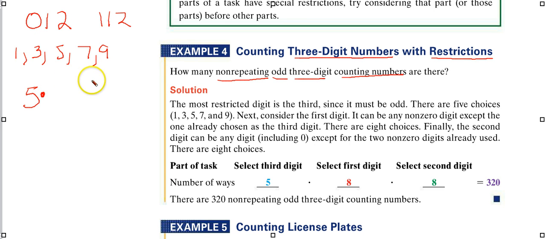Now, since they can't repeat, we cannot use a 0 because this is actually the first digit here. We can't use a 0, and we can't use the odd number.